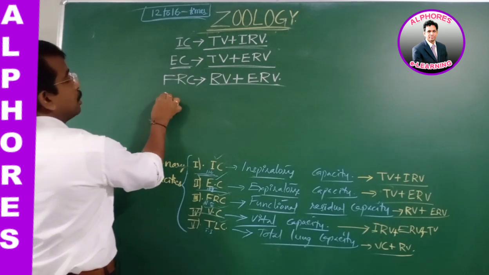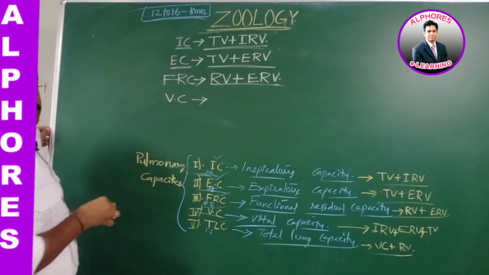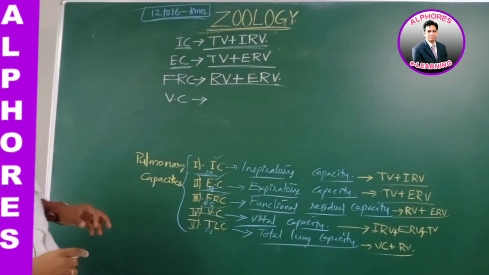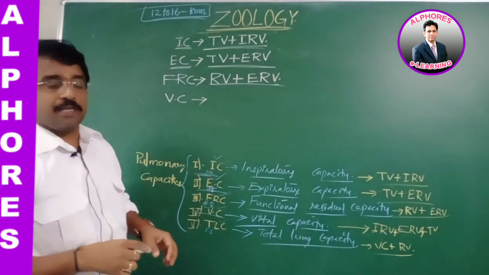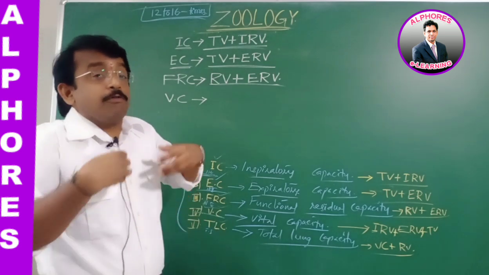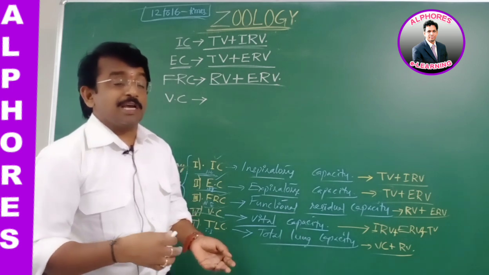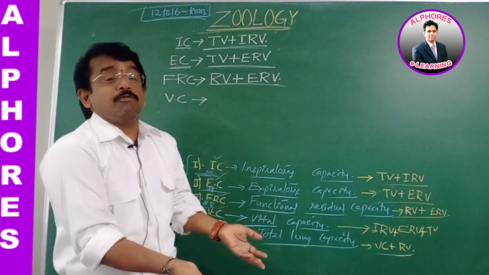Next, the vital capacity. We have discussed it as the volume of air that a person can breathe in after forcible expiration, or the volume of air that a person can breathe out after forcible inspiration.